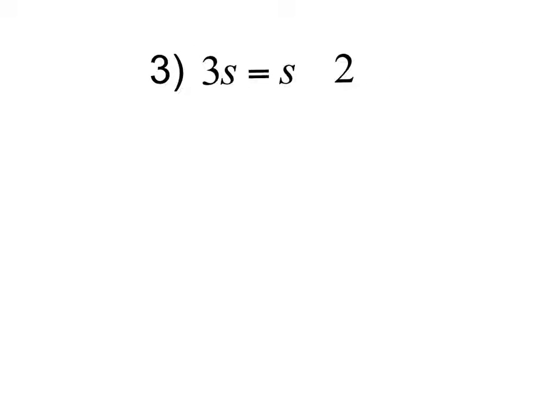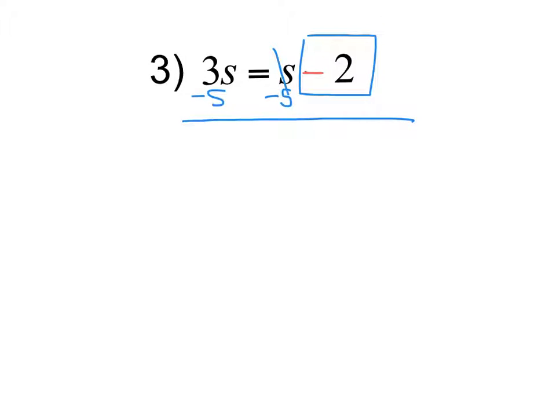In number 3, we have 3s equals s minus 2. Go ahead and fill in that minus sign. And again, I have to move the s's together. I'm going to leave minus 2 where it is, and I'm going to get rid of the positive s by doing minus s on both sides.